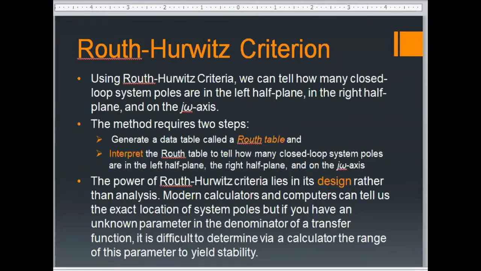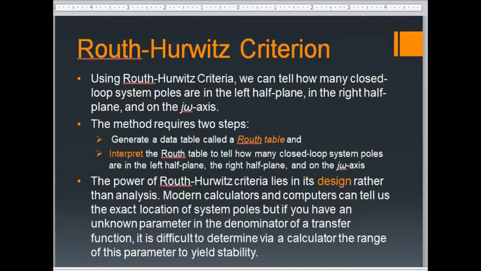So if you know the region of stability, and your pole is lying out of it, in the design part you want to bring that pole back into this region of stability. That's where the Routh-Hurwitz criteria tells you what those regions of stability and instability are. That's why it's so important to understand.